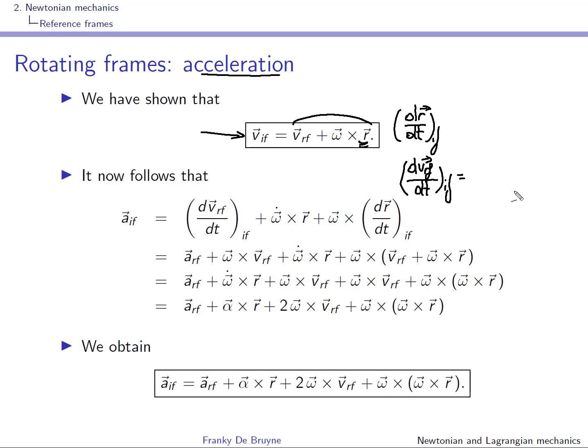So what will I have? I will use this equation here. I'll have not the velocity but the acceleration in the rotating frame plus omega, the velocity vector, cross this one, the velocity in the rotating frame.